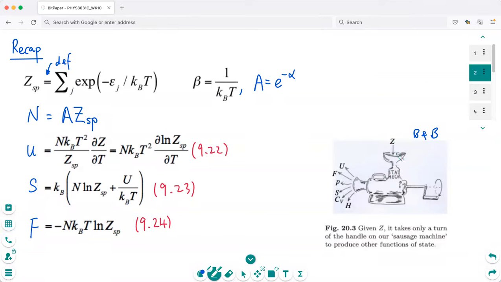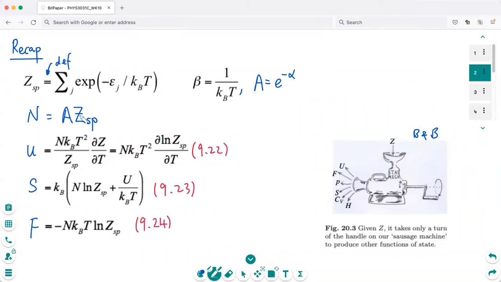You prepare your ingredient. The ingredient comes from the fact that you know your energy spectrum, and you know how to take the exponential. You will be able to write down the partition function, and you put it into this sausage machine and turn the handle, and it spits out all the thermodynamic functions of state.